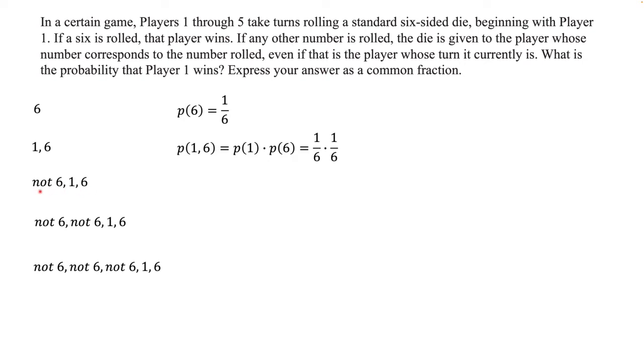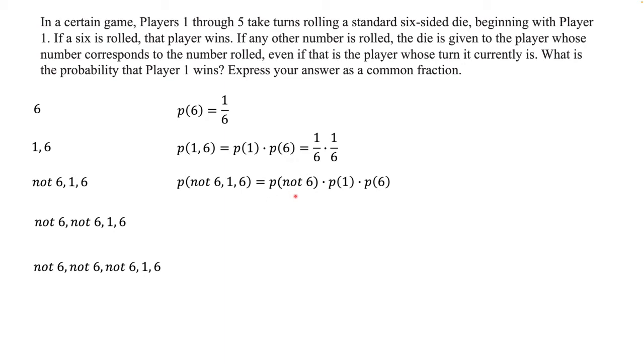Now what's the probability of throwing not 6, then 1, and then 6? Again, those are independent events. It doesn't matter what I throw the first time when I throw the second time, and it doesn't matter what I throw the first and second time when I throw the third time. So it's the probability of not 6 times the probability of 1 times the probability of 6. Now what's the probability of not 6?